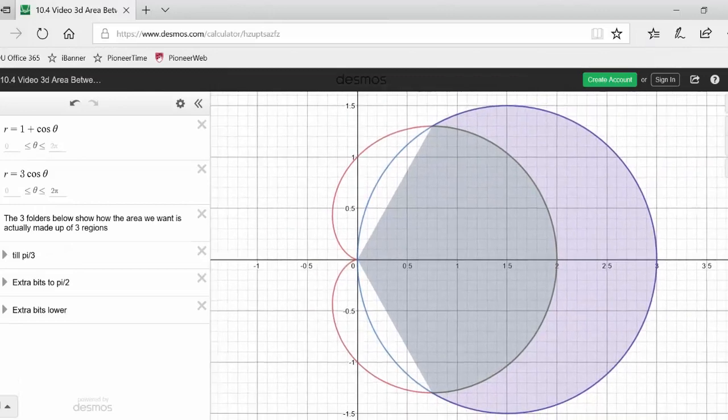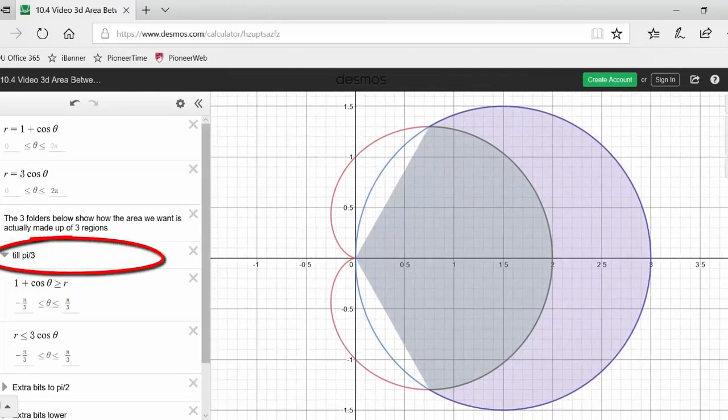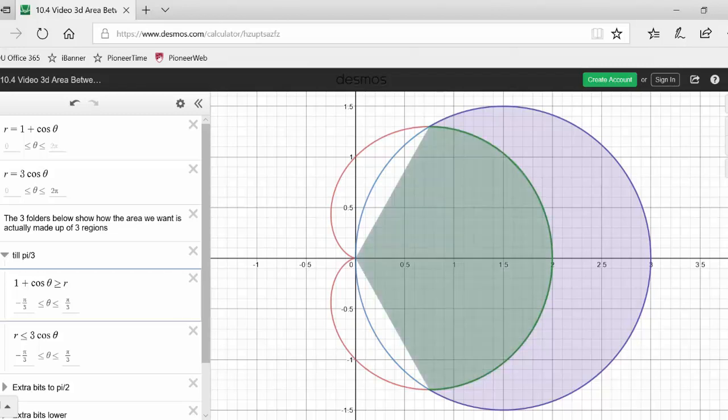So here I've turned on what you've got in this folder, the first part. The green part represents the part that's inside the limacon and swept out between negative pi over 3 and pi over 3. Whereas the brown part, and here I can turn this off and you can see the difference between them, this is the whole region all the way to the circle.